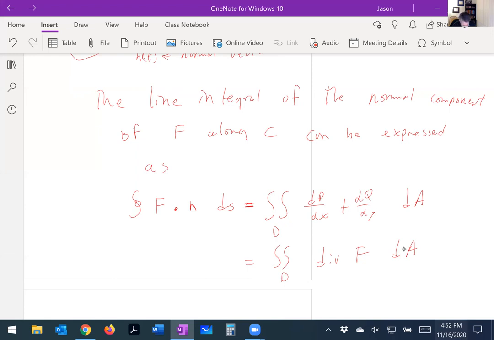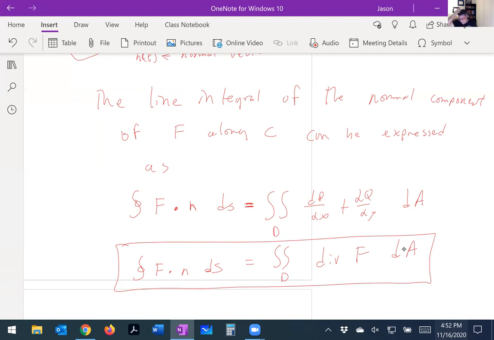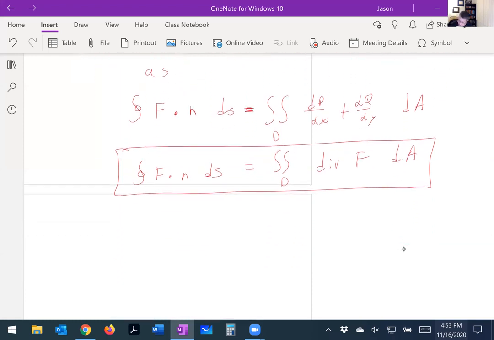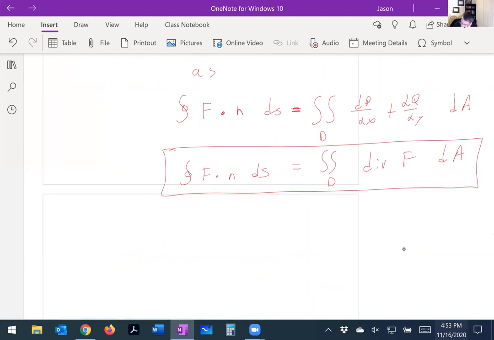It's very interesting because, what is the normal? I don't know. I'm just going to play around with this for a second. Let's think about this. We have a tangential vector field. And then what would be a normal vector field?